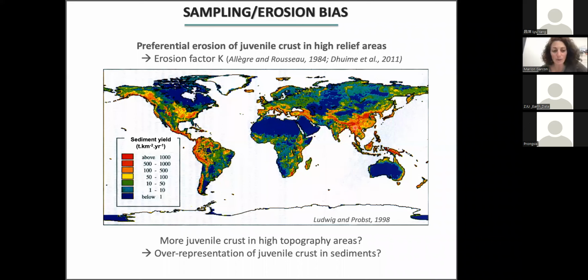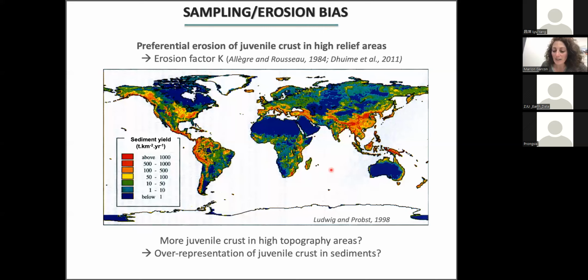And so the composition of the sediments might not be representative of the crust as a whole, but might be biased, with too much juvenile crust in them. So this is a concept that was not really tested at the scale of the global sedimentary system. I think this is really a concept that was theoretical.